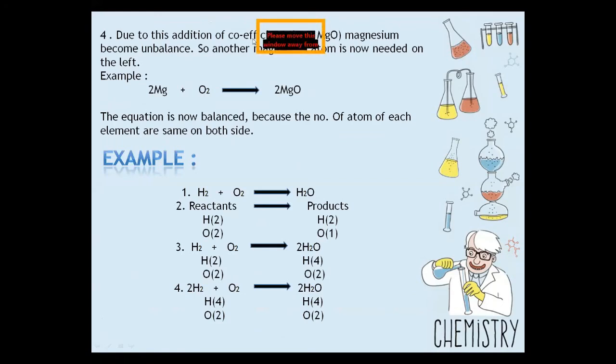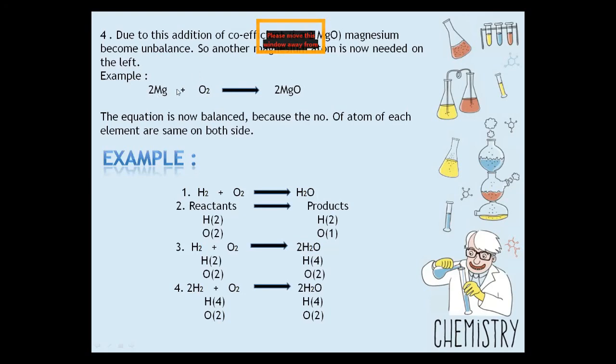So another magnesium atom is now needed on the left side, where there is only one magnesium atom. We need to add one more magnesium atom. So we put the coefficient 2 in front of the product, and in the reactants we put the coefficient 2 in front of Mg.